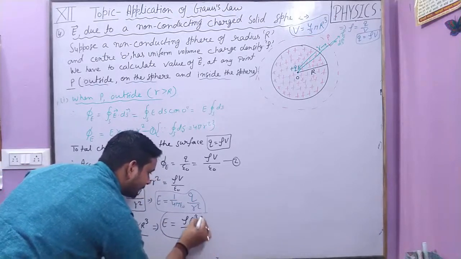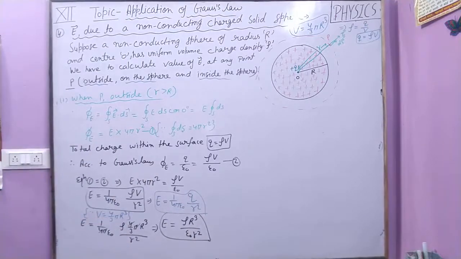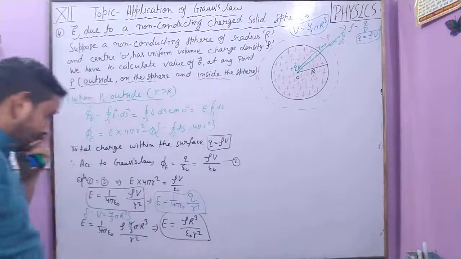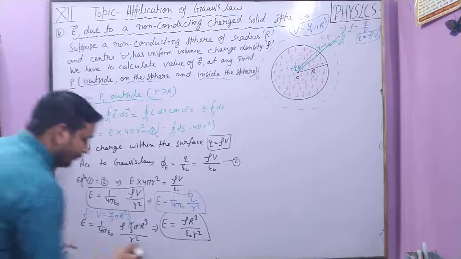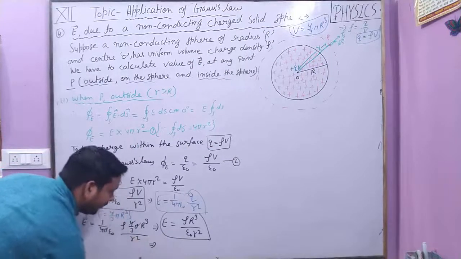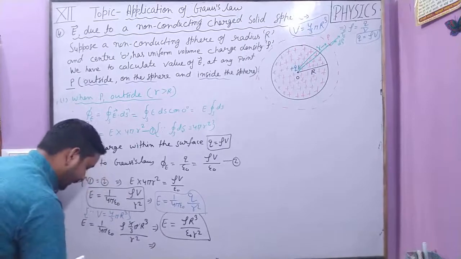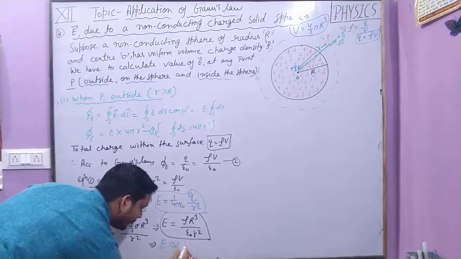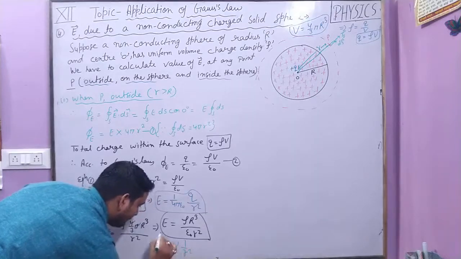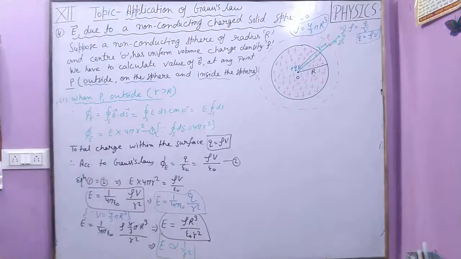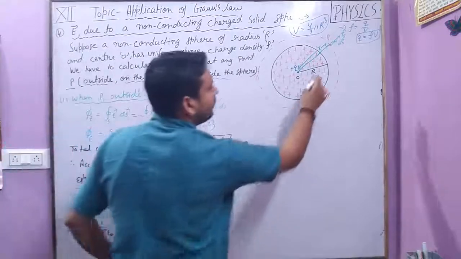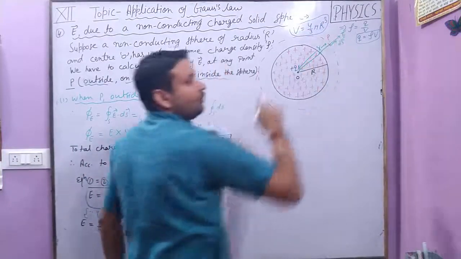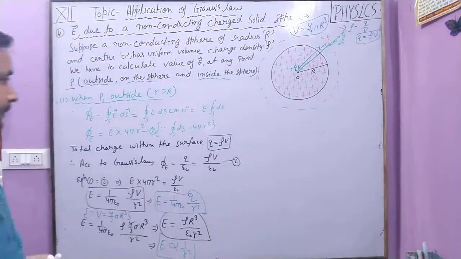This is the value of the electric field when the point P is outside the surface, and you can easily observe from here that the electric field is inversely proportional to r square, which means as the distance from the surface of a sphere increases, the value of the electric field will decrease.